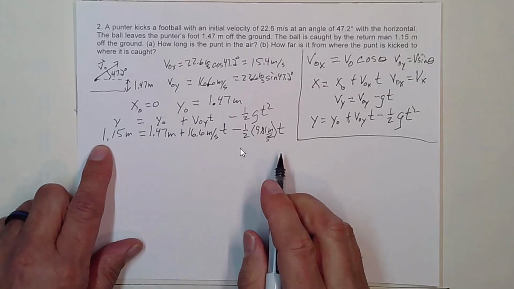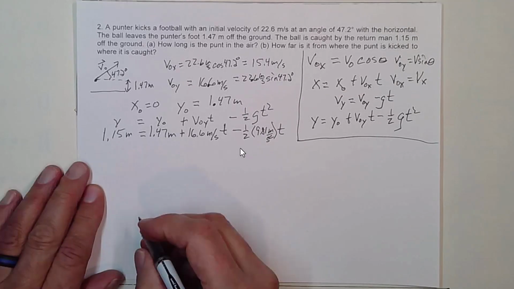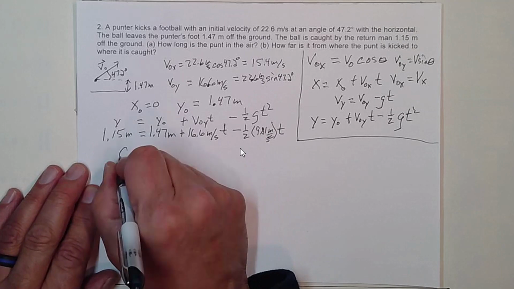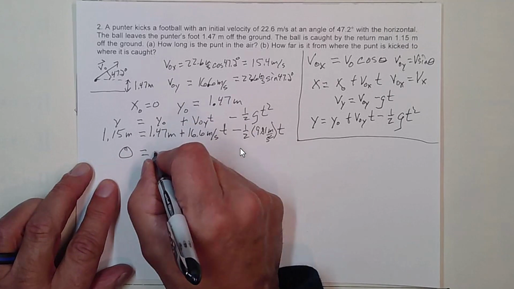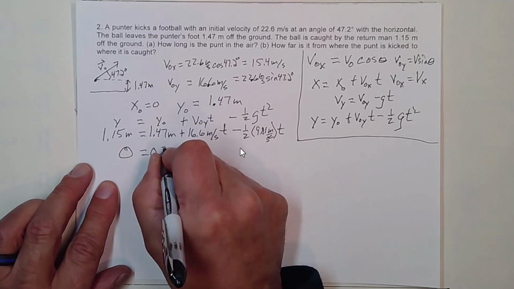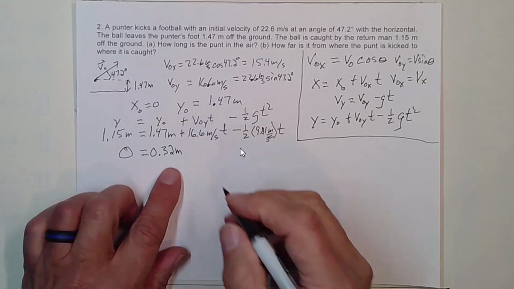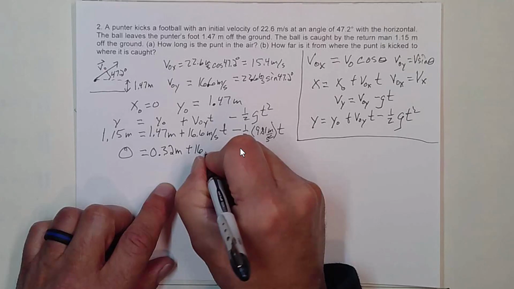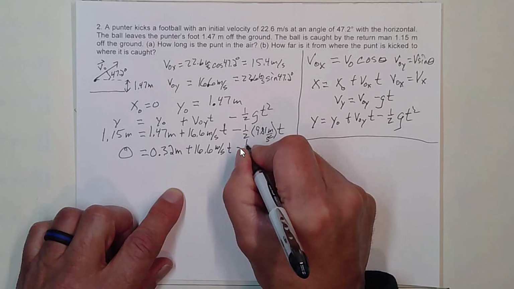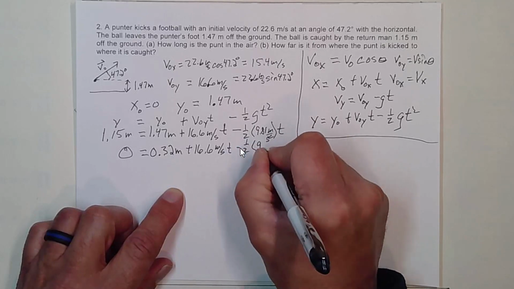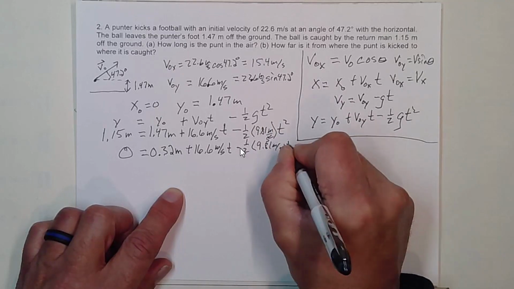This is going to be a quadratic equation. If I subtract 1.15 meters from both sides, I will get 0 equals 1.47 minus 1.15, looks like 0.32 meters, plus 16.6 meters per second times t, minus 1/2 times 9.81 meters per second squared times t squared.